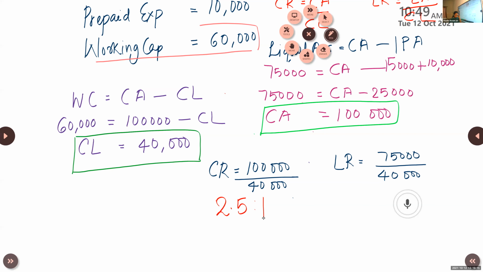Karthik, how much is LR? 1.87:1. Okay. And I forgot to mention the ideal liquid ratio. Ideal liquid ratio is 1:1.